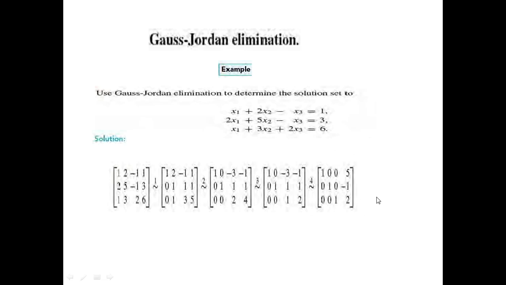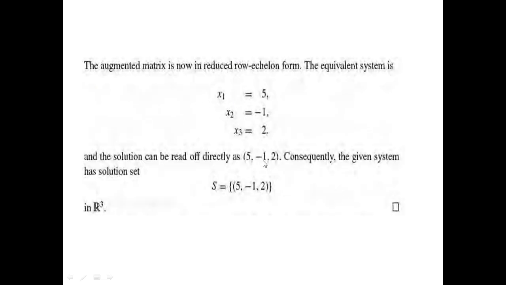In that form we directly write the solution set, that is x1 equal to 5, x2 equal to minus 1, x3 equal to 2. That will be the solution set for the given system of equations.